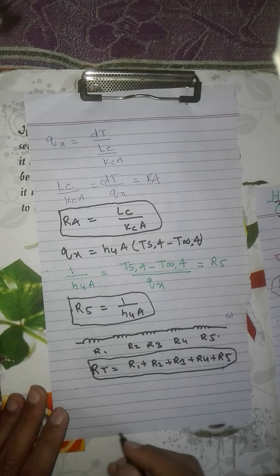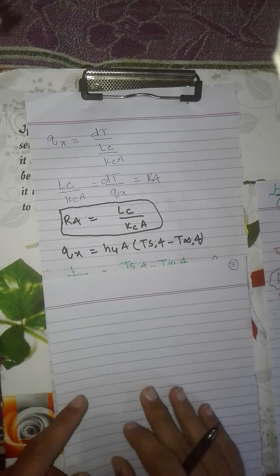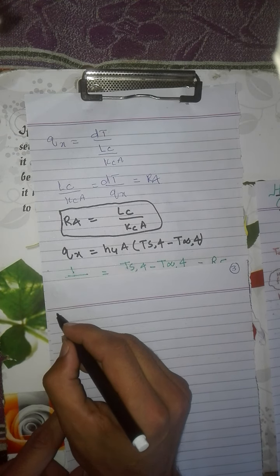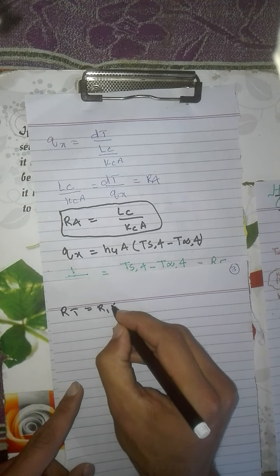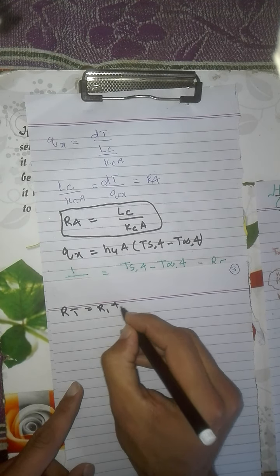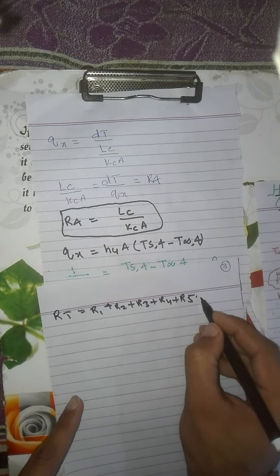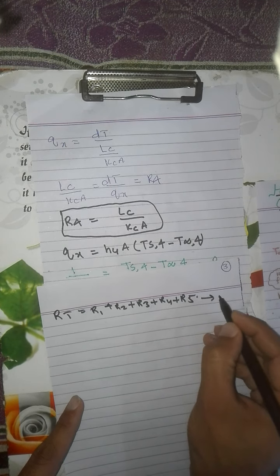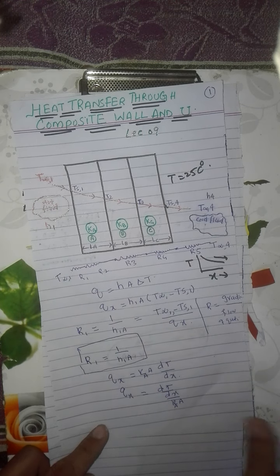Now we will combine these resistances and we will get the total resistance provided by the fluid and the wall. As we know, RT is equal to R1 plus R2 plus R3 plus R4 plus R5. Suppose this is equation S. Now putting in the values of R1, R2, R3, R4 and R5: R1 is 1 over H1A.